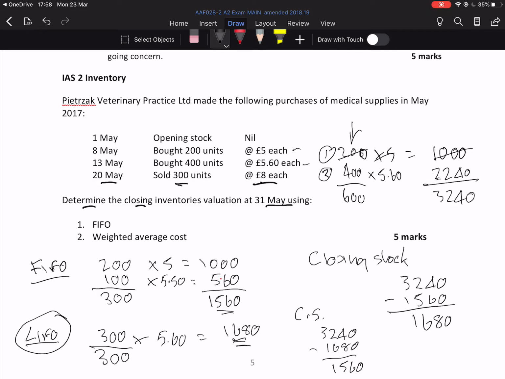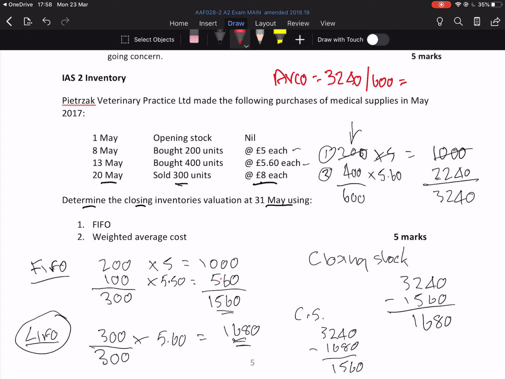And then finally, the AVCO, or the weighted average one. I'll change the colour for this one. So this one was the same as for petrol. So for AVCO, or weighted average, we go 3,240, which was the cost of the stock, and we bought 600 of them.